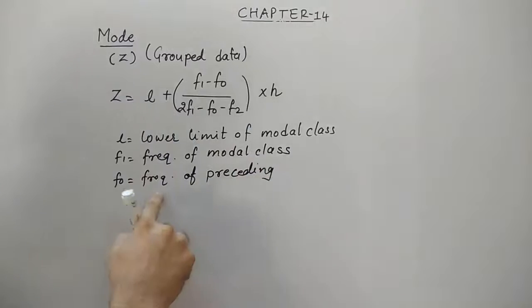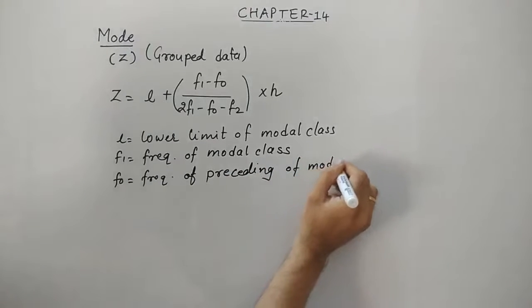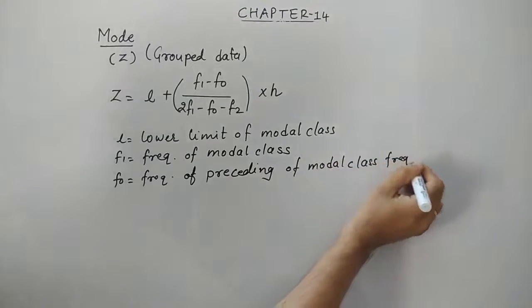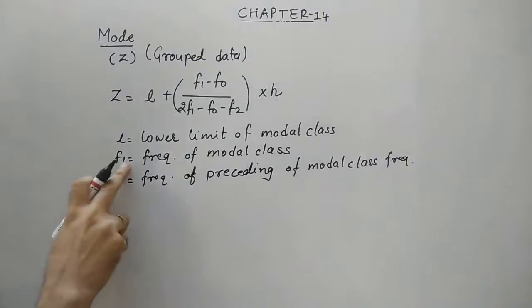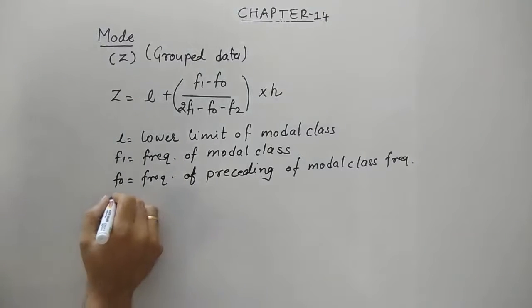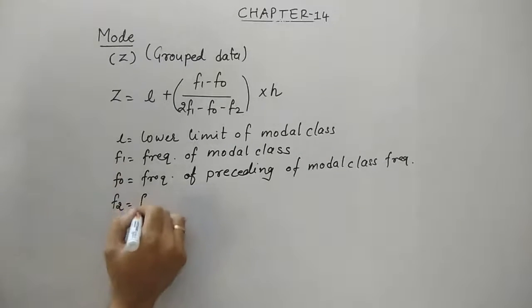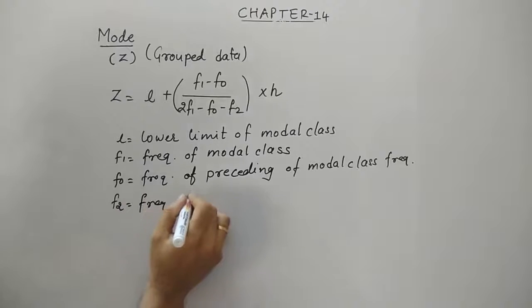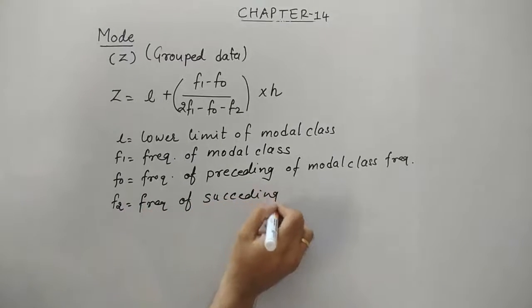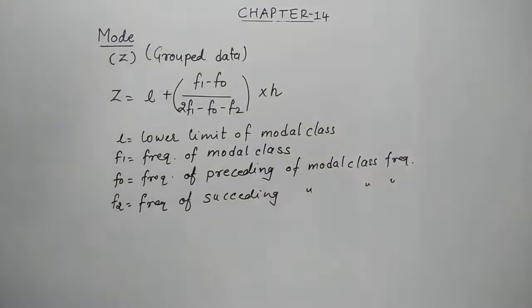It is the frequency of the class preceding the modal class. Simple: whatever F1 is, the frequency above it is called F0. Now F2, obviously 2 comes after 1, so it is the frequency of the succeeding class of the modal class.